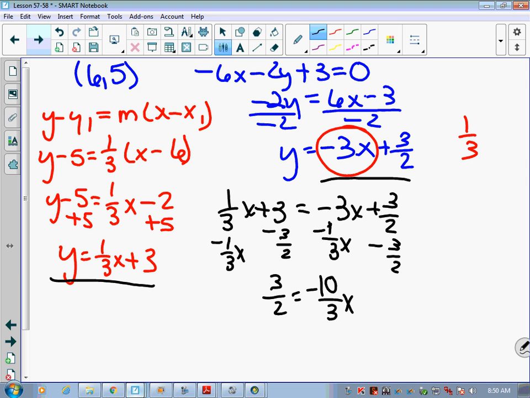At this point, because we want to solve for x, we're going to multiply by negative 3/10, correct? Okay, so that's going to give me what? Negative 9/20. So x equals negative 9/20.